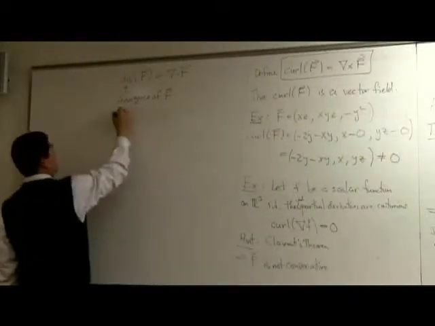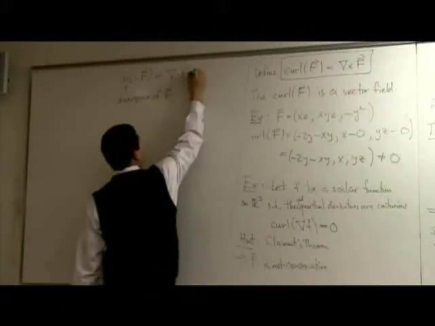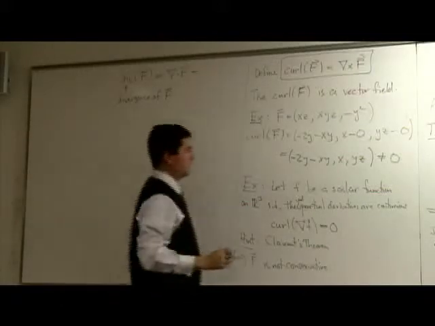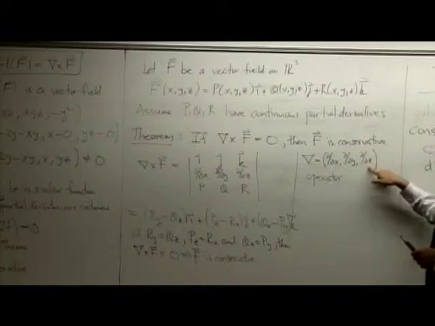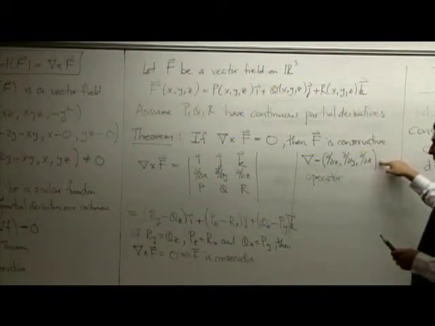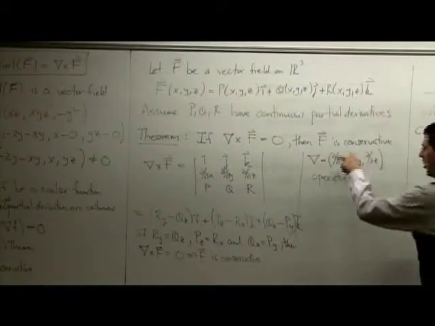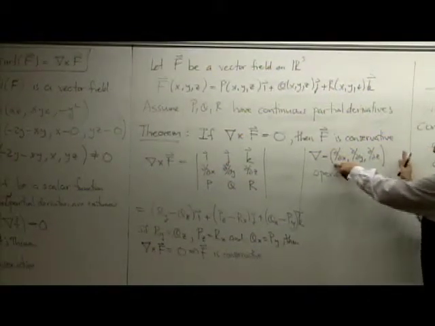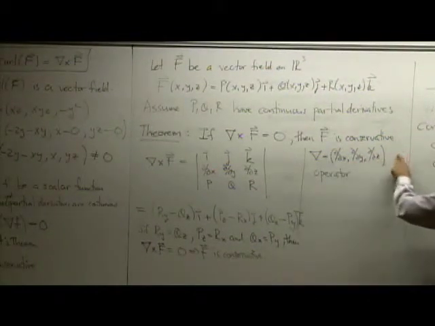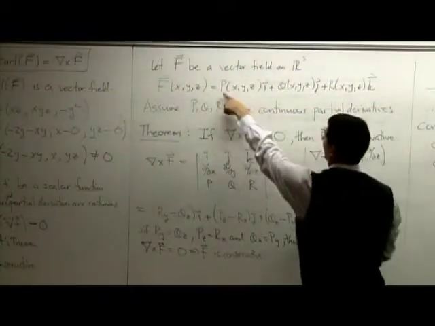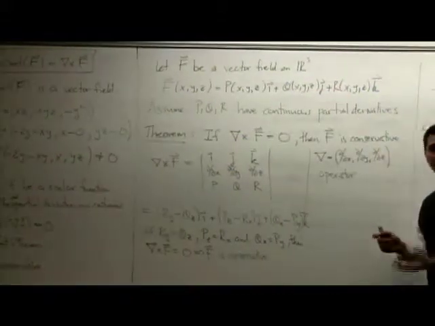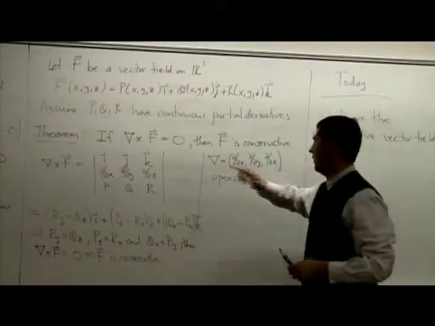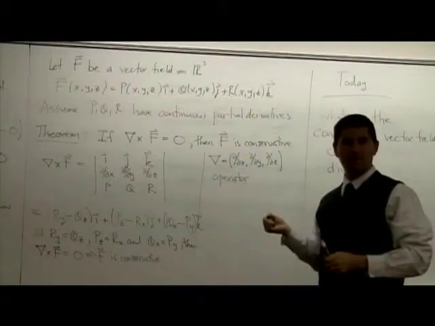So what is this? Well, let's see. The gradient is the partial of x, partial of y, partial of z. And then the dot product with f, well, that should mean the partial of x, and then you multiply it with the first component of f, which is p. And then the partial of y times q, and then the partial of z times r. But here times doesn't really mean times. This is an operator. It's supposed to eat it up, actually.